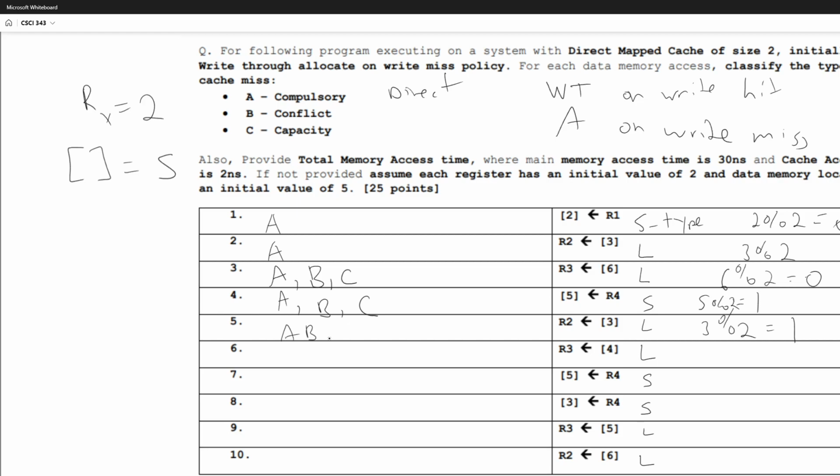Same thing, A, B, C. This row gets replaced with a 3. 4 mod 2 equal to 0. Again, compulsory, conflict, and capacity.